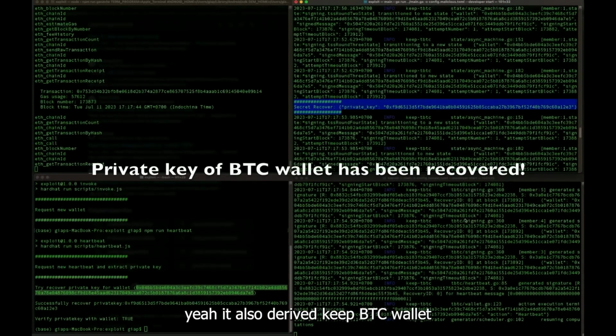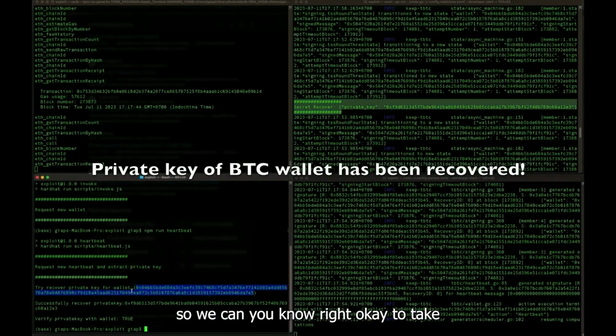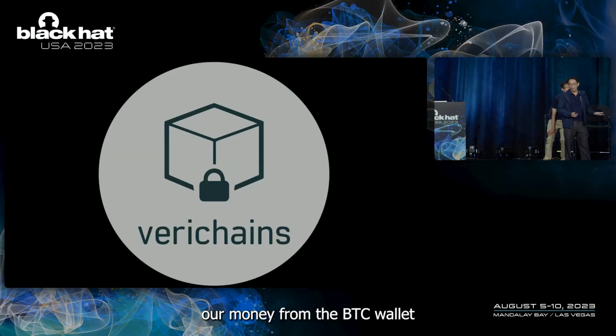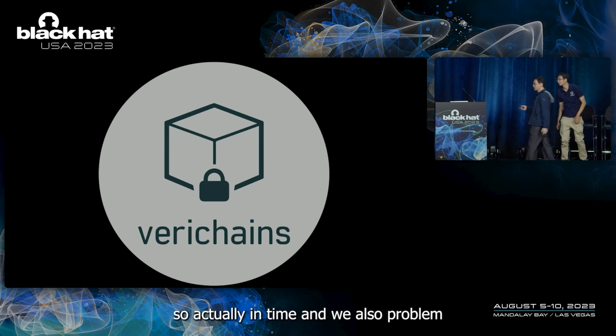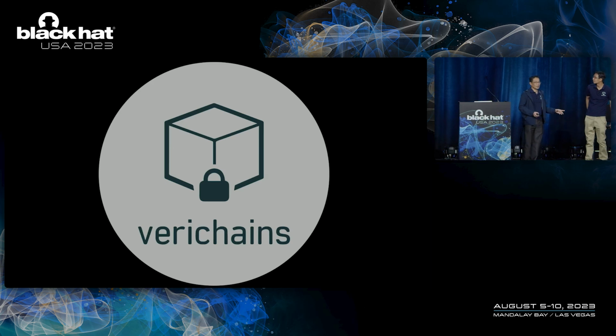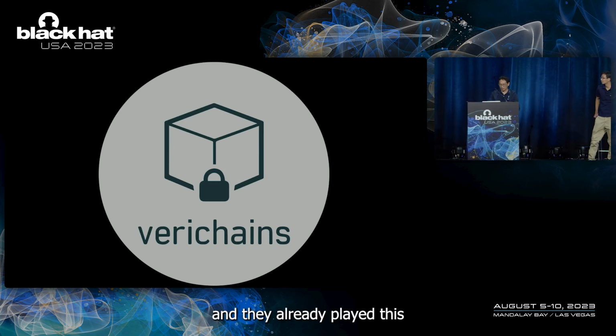It's also the private key for the BTC wallet, so we can use the private key to take all the money from the BTC wallet. So that is the actual impact, and we also informed them, and they have already fixed it.